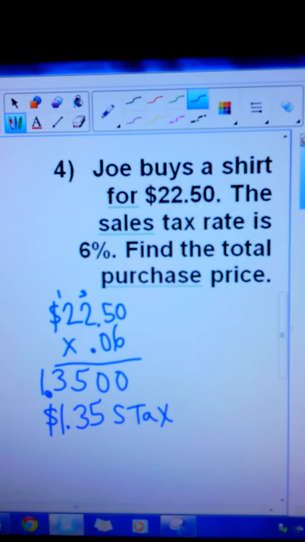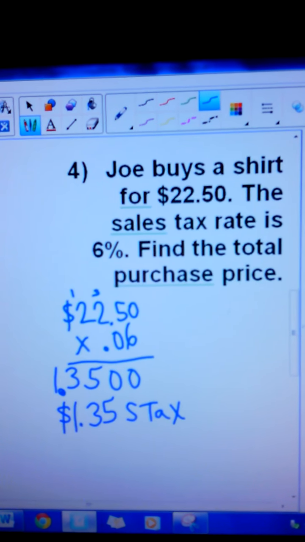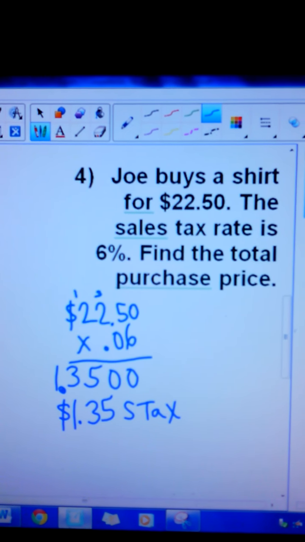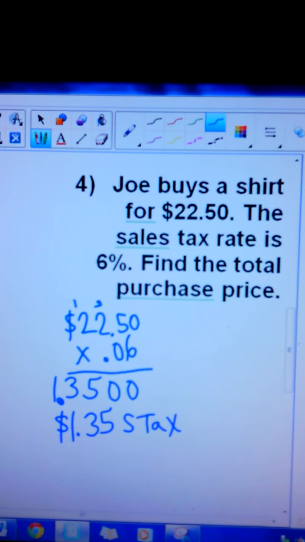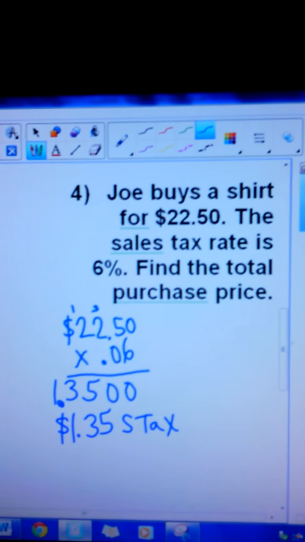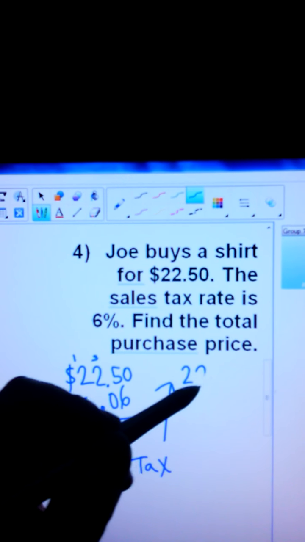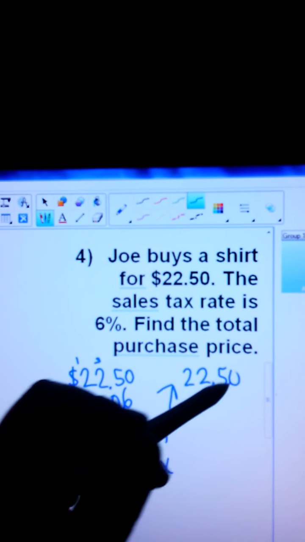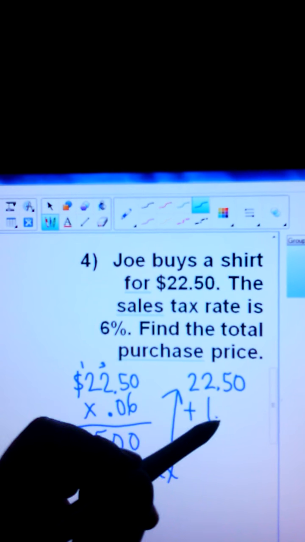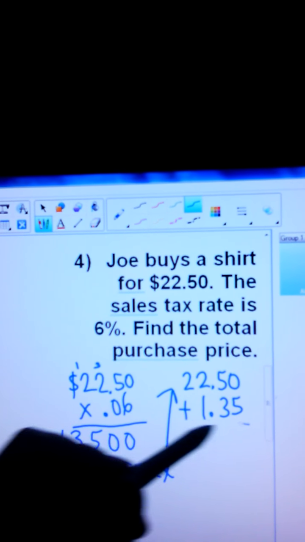However, we are looking for the total purchase price. So we need to add the sales tax to the original price of the shirt. So $22.50 plus $1.35.